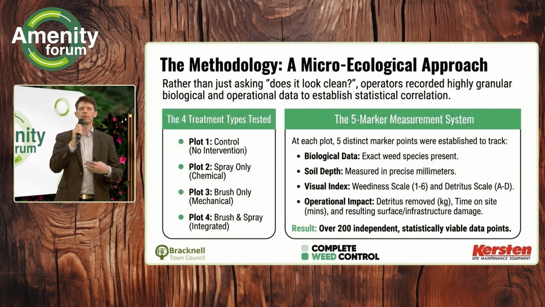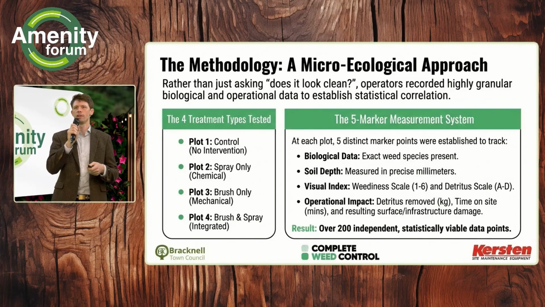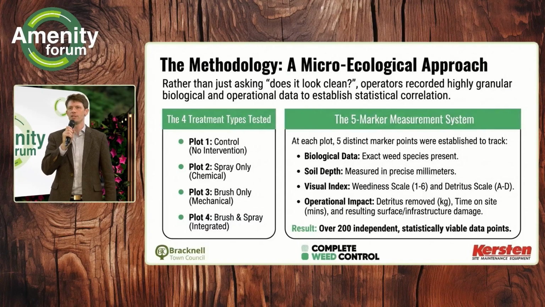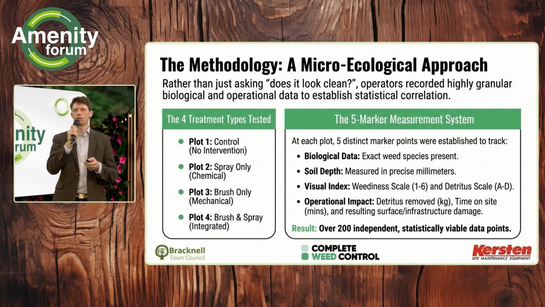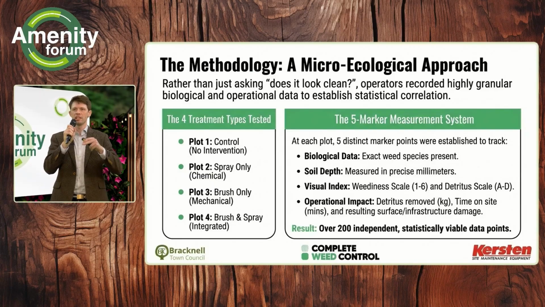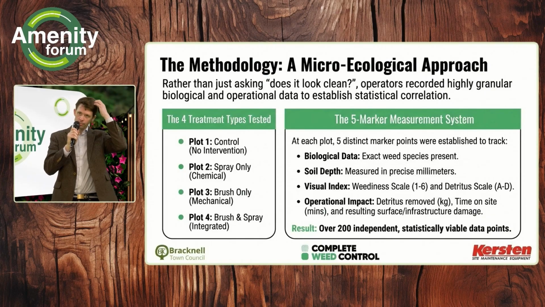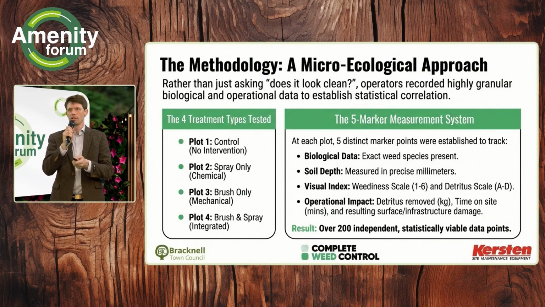When we're brushing, we measure the amount of detritus removed in kilograms, the time it took, and the resulting surface that's revealed underneath. We're seeing what level of damage there is. This has given us a couple of hundred independent, statistically viable data points to track over a period of time, which gives us a good bunch of data.